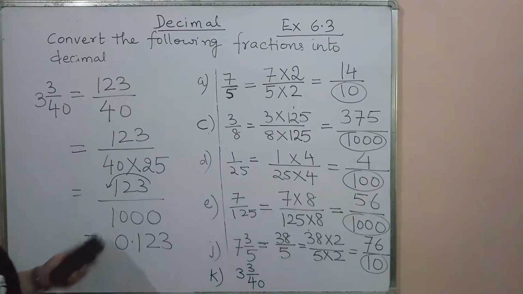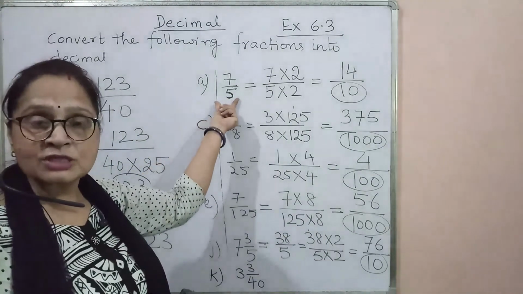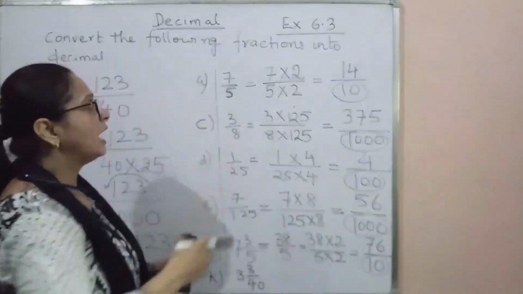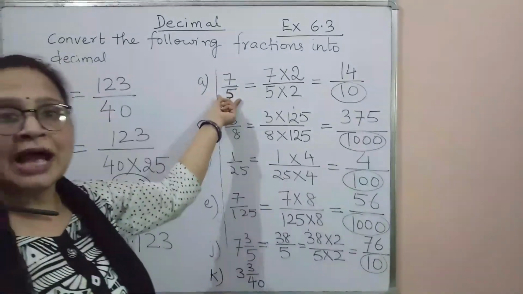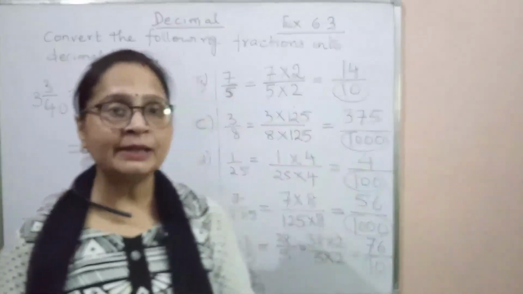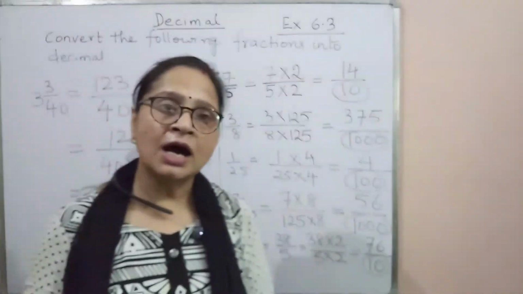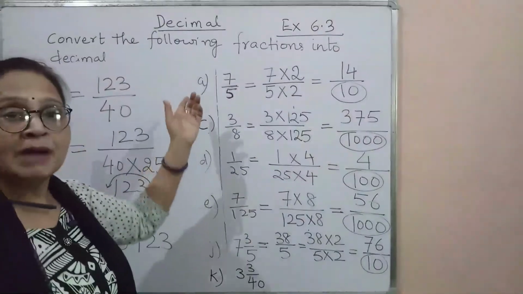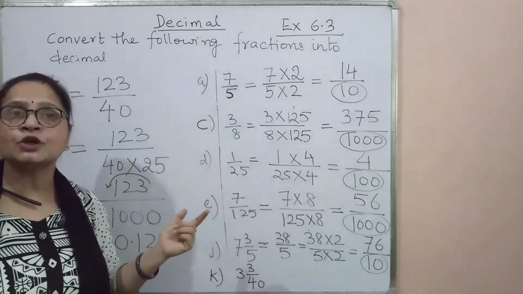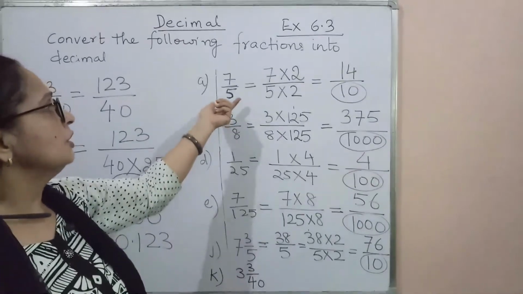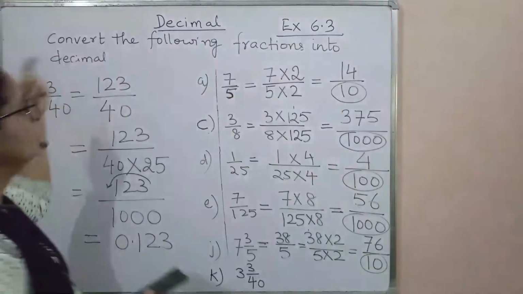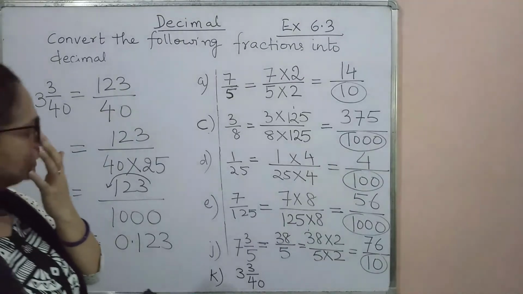Now this was one method. Now this is possible only when we have a suitable denominator. If we have 3, then at any cost you will not be able to convert 3 into a number like 10, 100, 1000, 10000. That means we must know another method also to find out the process of converting the fraction into decimal. So let us pick up some more questions.